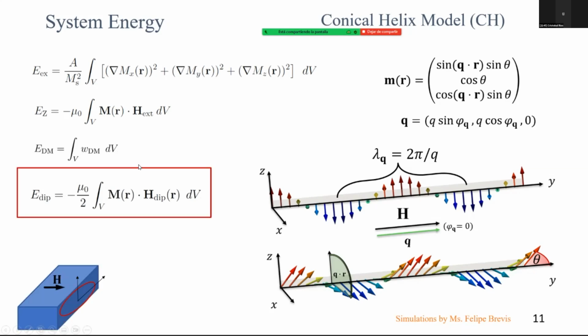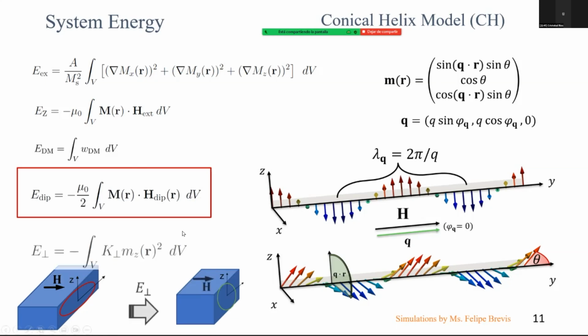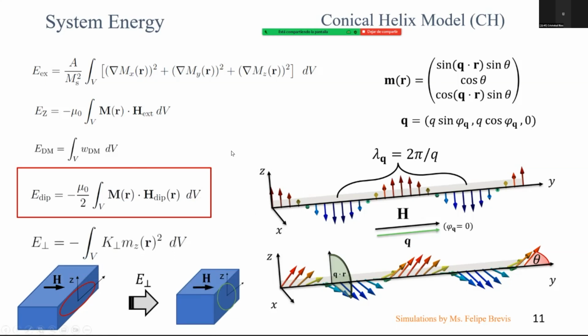But when we do this, we realize from the spin wave theory that the conical helix model will not be circular, but will be elliptical and elongated to the plane because of the dipolar interaction. So to be consistent with this, in our research, we add the perpendicular anisotropy to have a circular conical helix that is in agreement with our model. So we can expect reliable results.